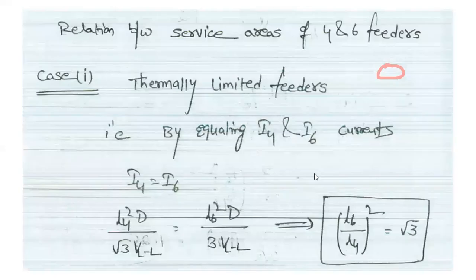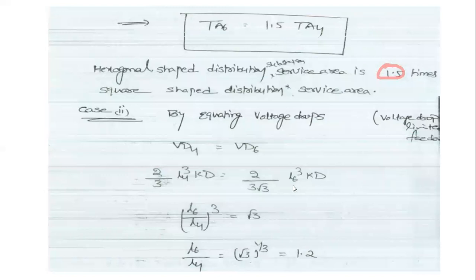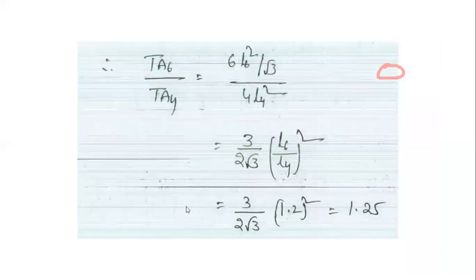By equating these voltages and cancelling the terms KD and 2 by 3, L6 by L4 whole cube equal to root 3. Therefore L6 by L4 equal to 1.2.